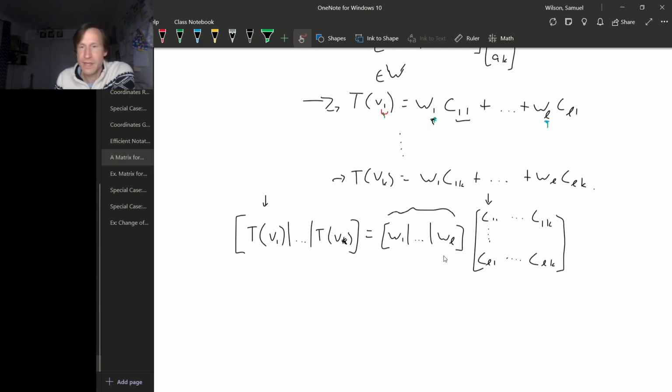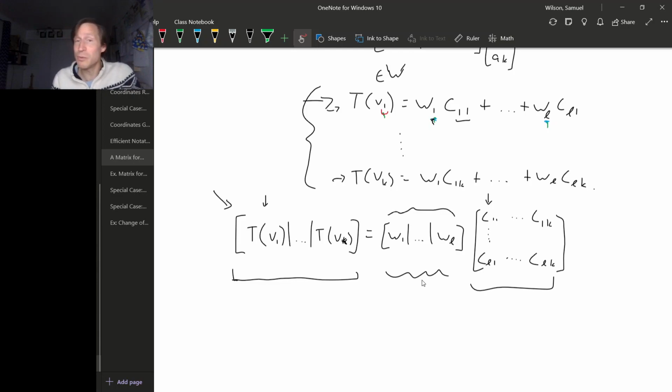So all of these equations, we can express them compactly with this matrix equation. And this is really nice because this matrix, whose columns are the results of T applied to all of the V's, expresses them as W's times some coefficient matrix. This is actually exactly what we needed to evaluate the coordinates relative to the W basis.